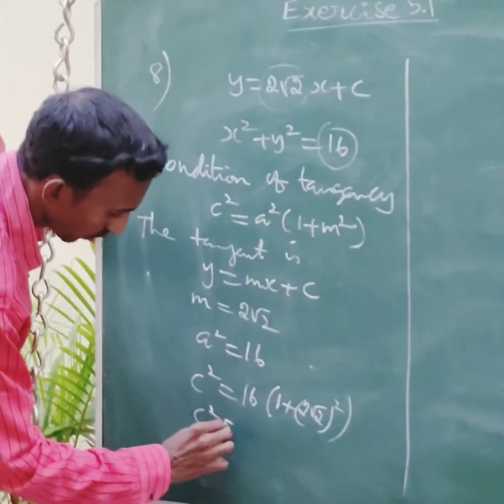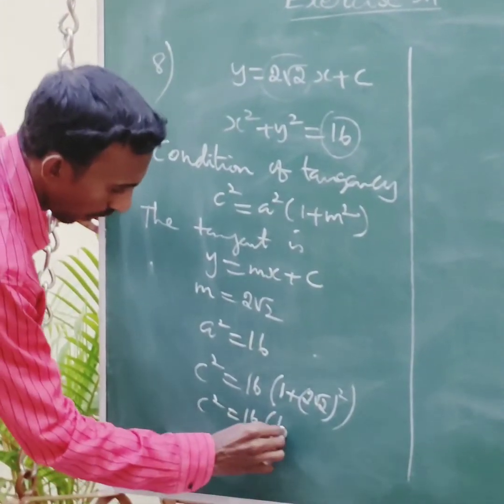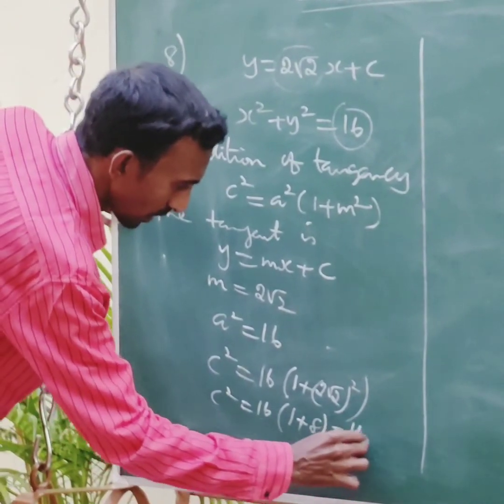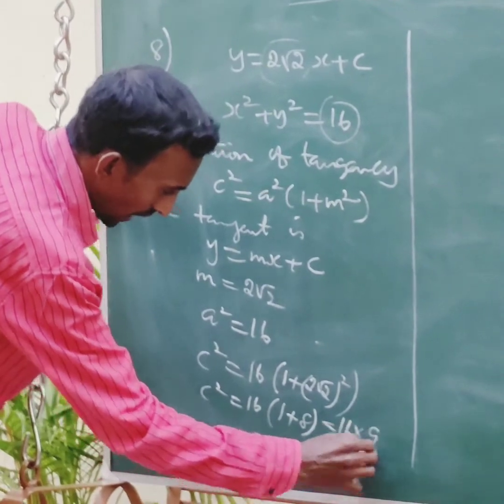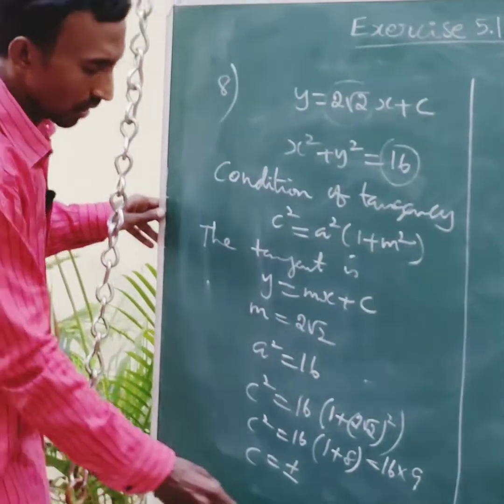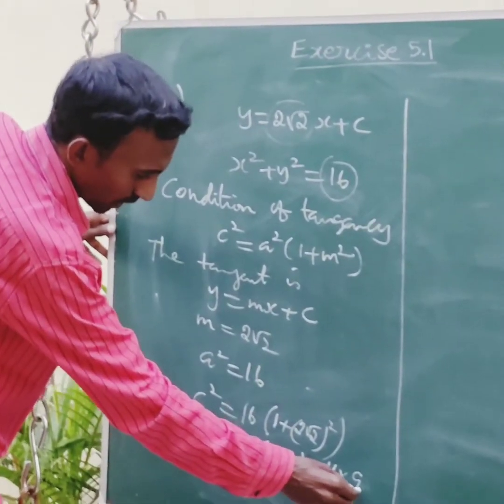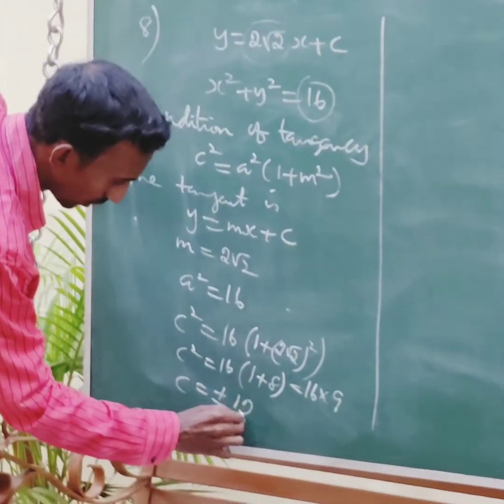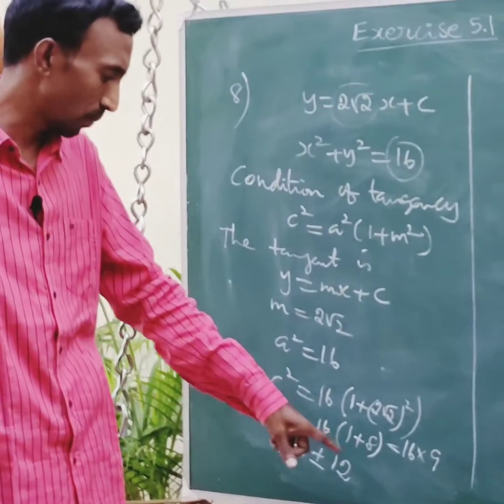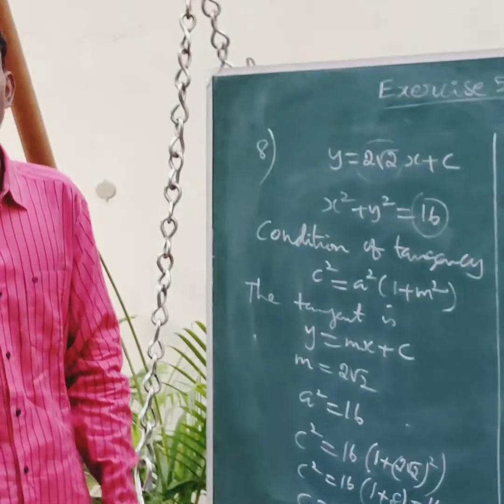So c square equal to 16 into 1 plus 8, that is 16 into 9. So c equal to plus or minus, square root of 16 is 4 and square root of 9 is 3, 4 into 3 is 12. So the c value is either plus 12 or minus 12.